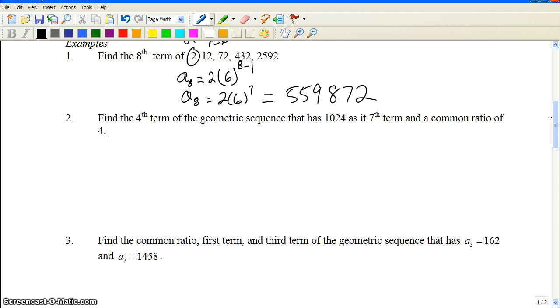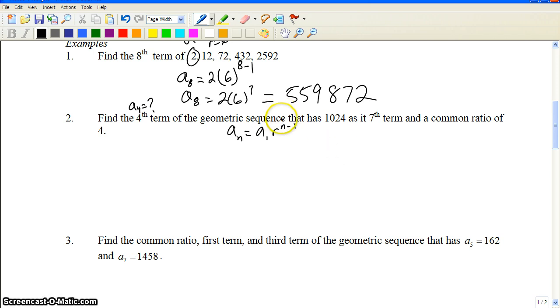All right, next. Let's start pulling out the information. Find the 4th term. So we're looking for a sub 4. That's a question that comes out of that statement of the geometric sequence. When you read that, you need to think of this. By the way, for the record, you will get all these formulas for your quiz and test to soothe your anxiety a little bit.